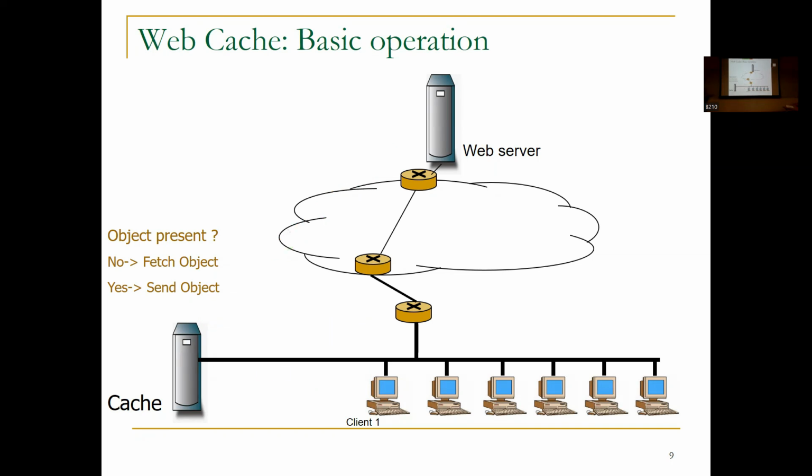The second scenario is you ask for data, you make a GET request, and it is already available there. Then you can simply give the reply. So the entire transmission time going through this LAN, then this access link, and then this network internet will be avoided, and overall performance is enhanced.